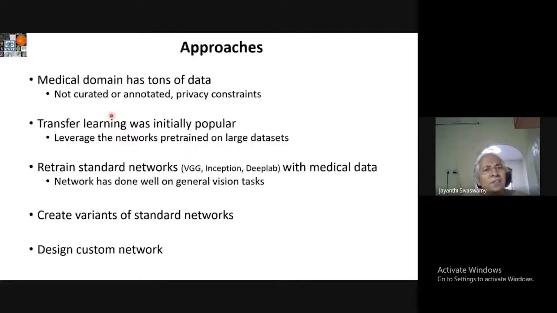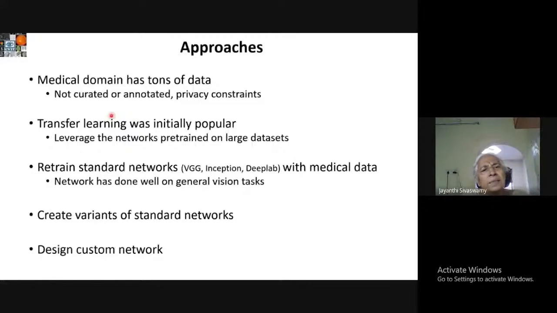So why not leverage such networks which are pre-trained and do a transfer learning? Transfer learning means you retrain it and change only the final layers, the weight of the final layers. Okay, you keep all the initial layer weights same as before. You change only the final layers.